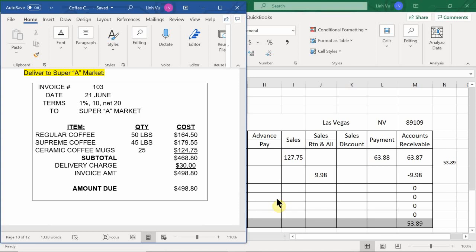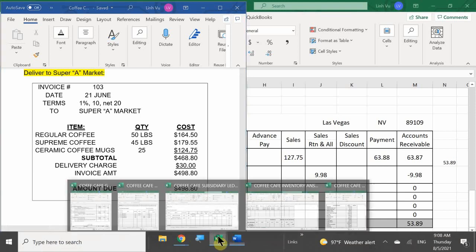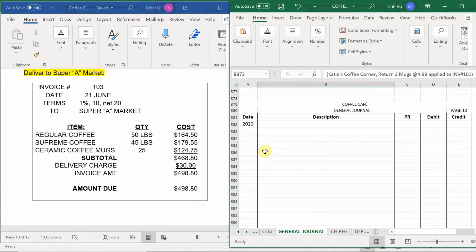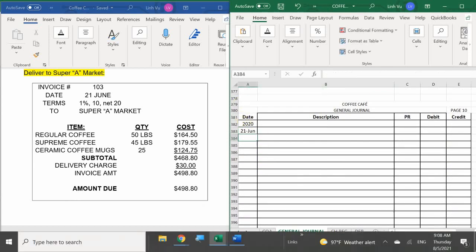The new general journal, that's this one. New General Journal number 10. Okay, so how do we take care of this one? How do we journalize this one?